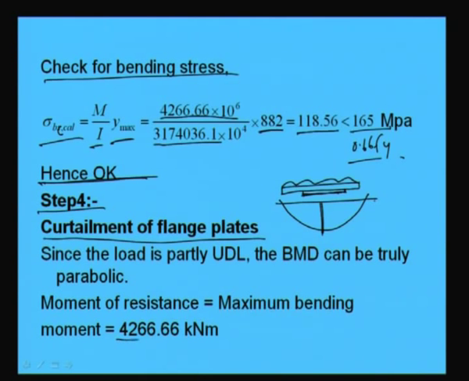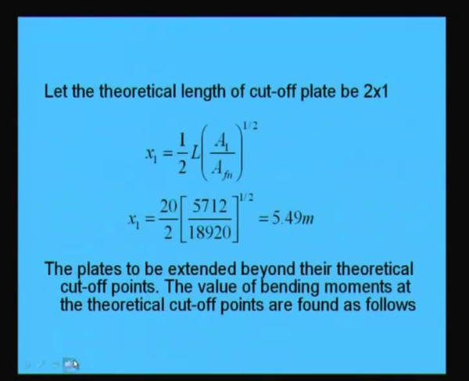Now, as we know, the maximum bending moment is 4266.66 kilonewton meter, right. So, moment of resistance has to meet similarly 4266.66 kilonewton meter, right. Now, let us theoretically find out the length of cut-off plate, and let us consider that is say 2x1.